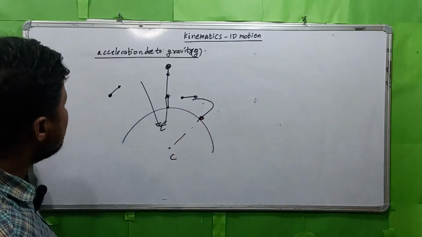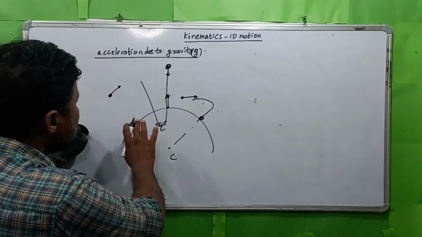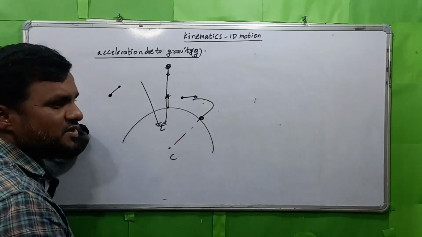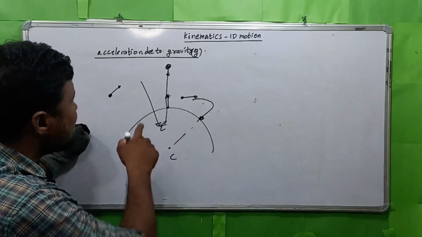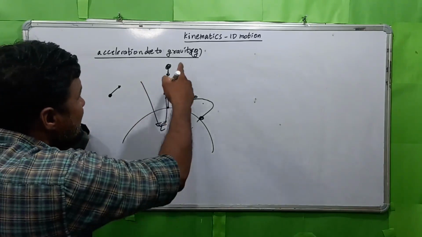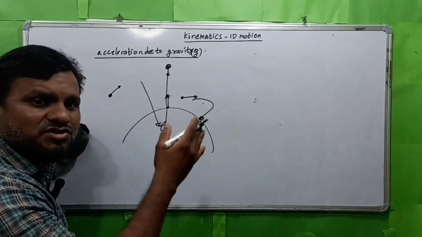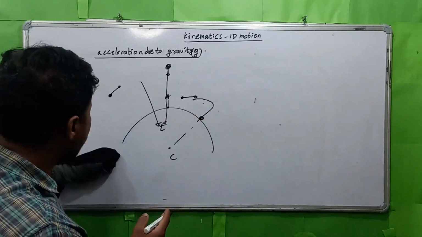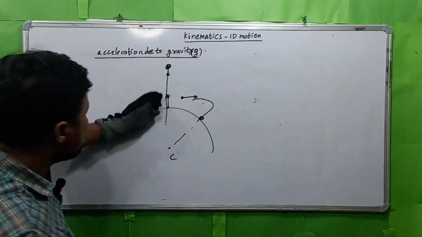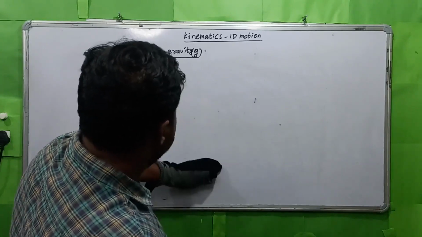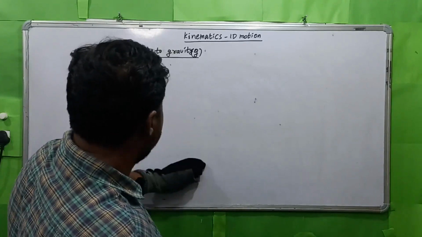What happened here? Because of gravity the bodies come towards the center of the earth. Here the only force acting on the objects is g, acceleration due to gravity. Yes or no? The effective force acting on the objects is g.